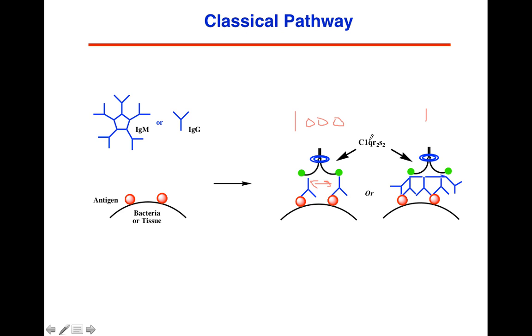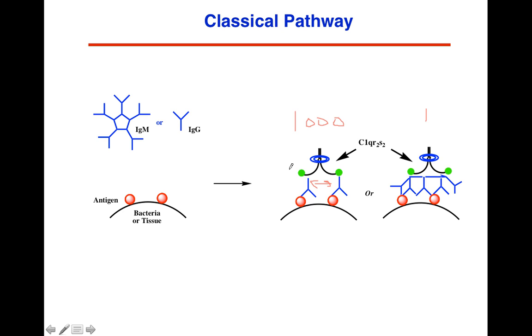Now there's another protein here, this R2S2, this little ring, this donut, which assembles around the C1q, and when it does that, it forms an enzyme, able to carry out enzymatic activity.